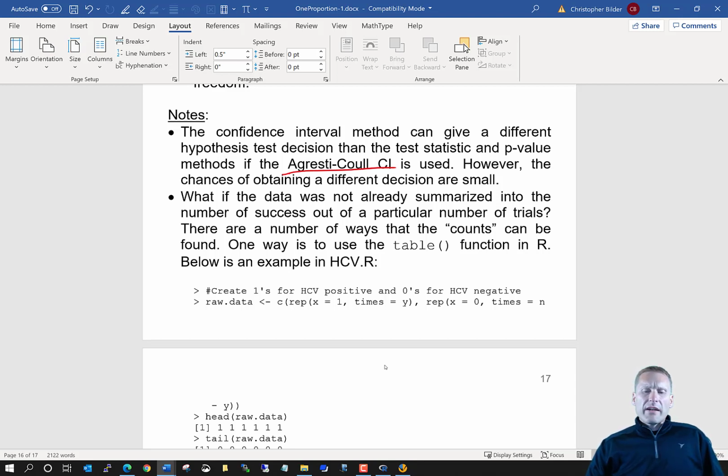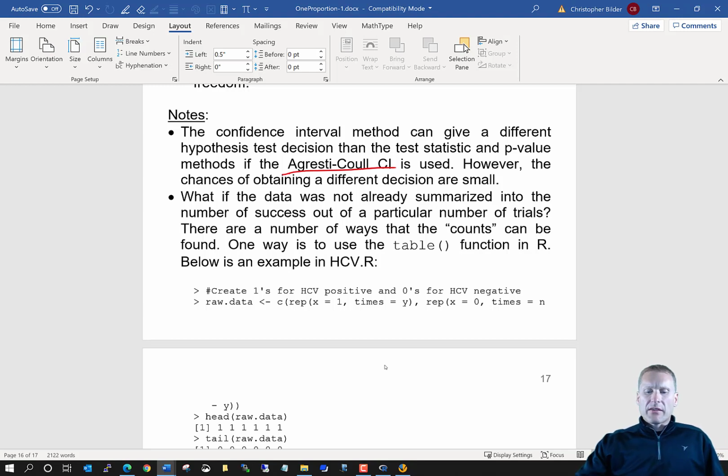Now, what if the data that we have wasn't already summarized into, let's say, the number of trials and the number of successes out of a particular number of trials, or what we had in our HCV problem, the number of people infected out of the number of people who were sampled? What would you do then?